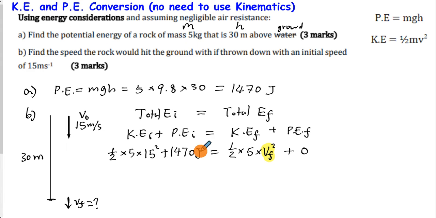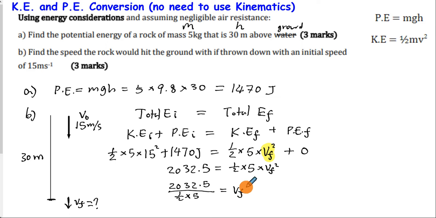Plug everything on the left side into the calculator. You have 2032.5. And on the right side, you have a half times 5 times V final squared. Divide both sides by a half times 5, so let's just write it down. 2032.5 divided by the coefficient, which is half times 5, like that, should give you V final squared.